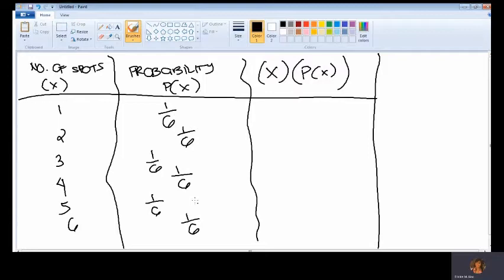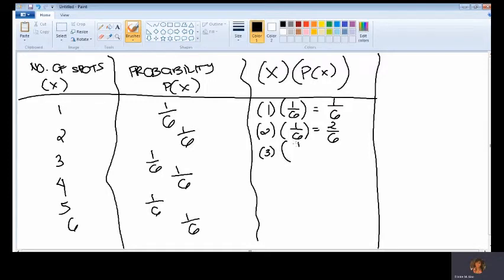So, step number 2, we're going to multiply the value of the random variable x by the corresponding probability. So, that will be 1 times 1 over 6, which gives us 1 over 6. Then 2 times 1 over 6, so we have 2 over 6. We don't need to convert it to lowest term for now.